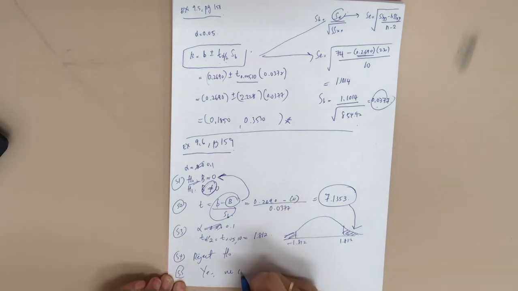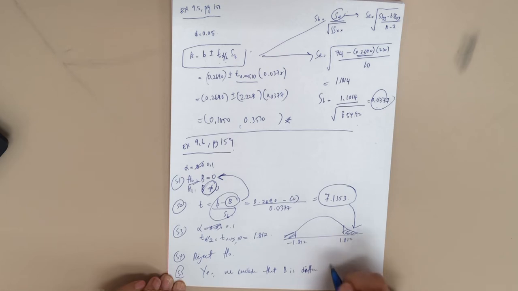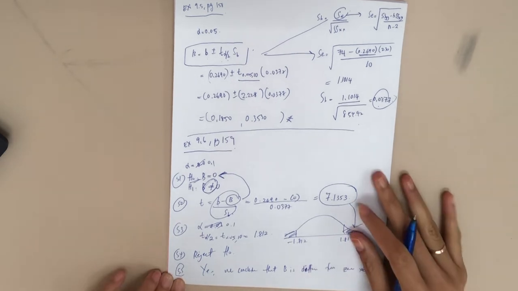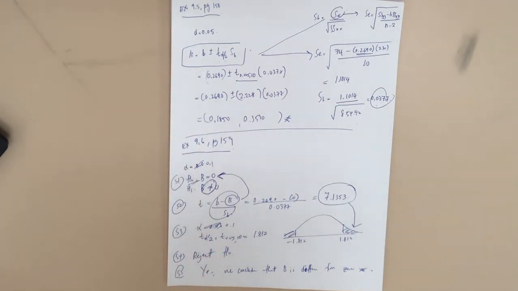Yes, we conclude that B is different from 0. Okay, so basically it's similar to what we have done in chapter 7, hypothesis testing, and also chapter 8. Chapter 8 is for two populations, right? So it is the same steps and same concept here.